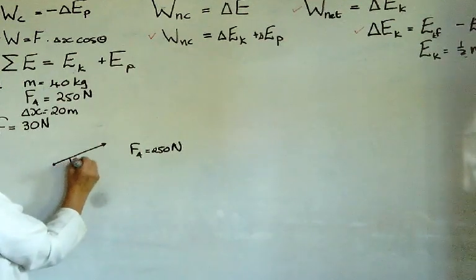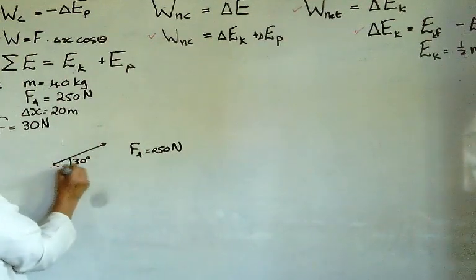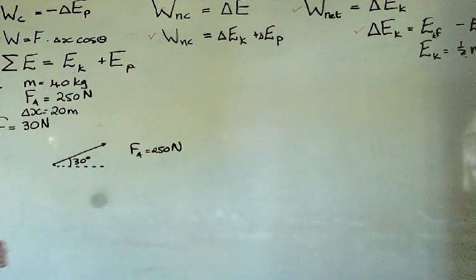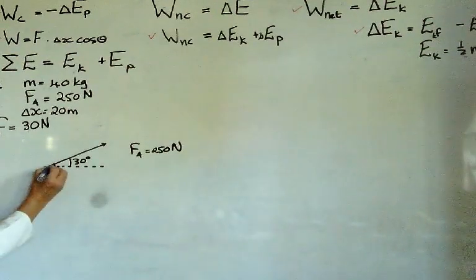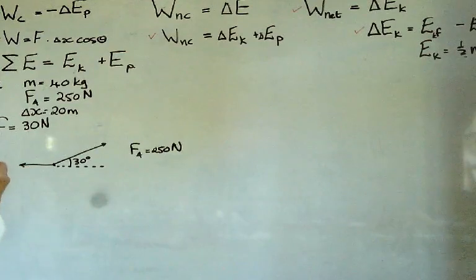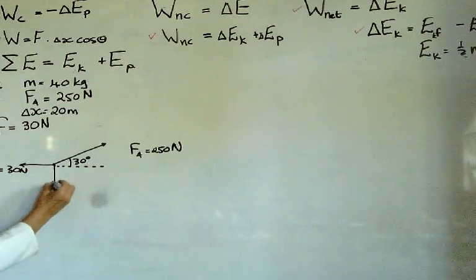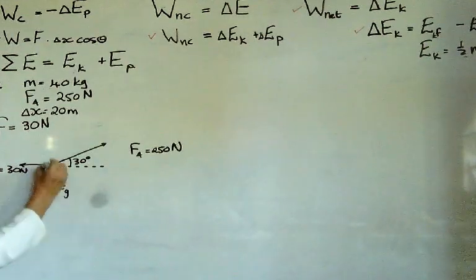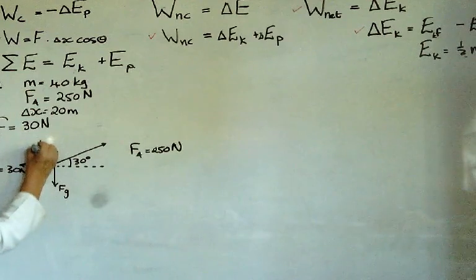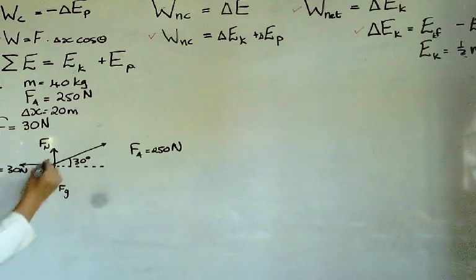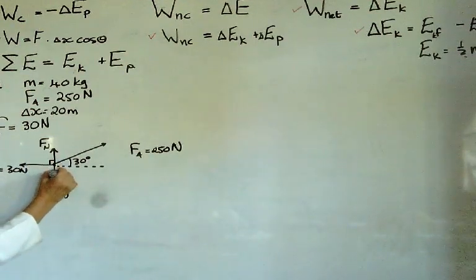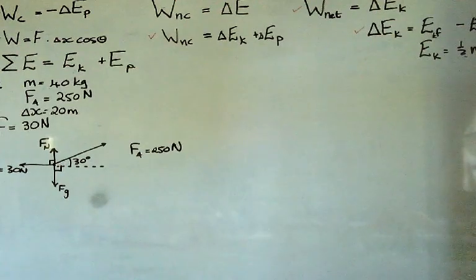But I think in the example they didn't say use the work energy theorem. And the friction is 30 newtons. We've got a gravitational force obviously, and there will be a normal force, but because their angle to the horizontal is 90 degrees, they will not be doing work.